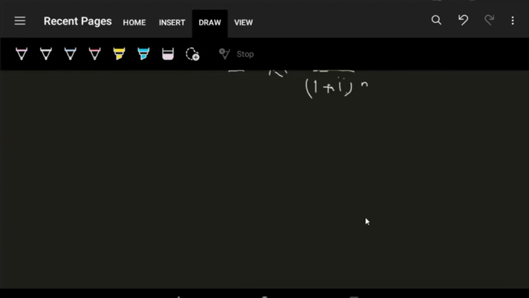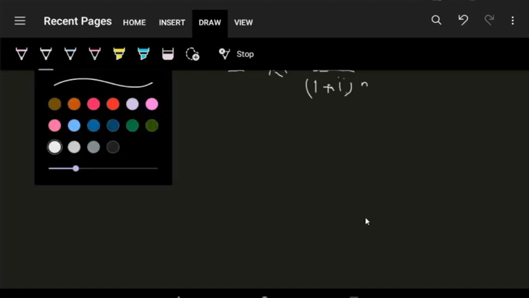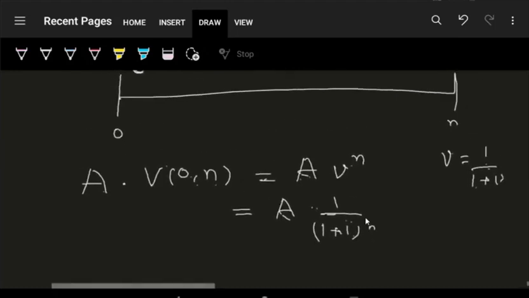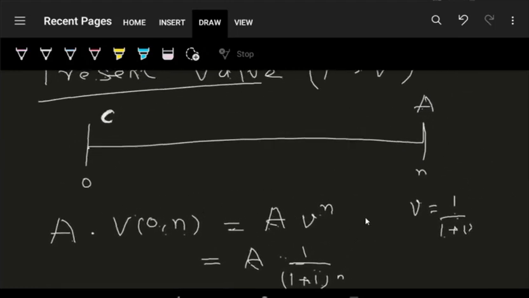Now we will look at another type of interest rate. I hope I have made the concept of present value clear, since I have already taught you the concept of discounting. So present value is just discounting back the amount you want in future to the present time you want. Let's do an example.